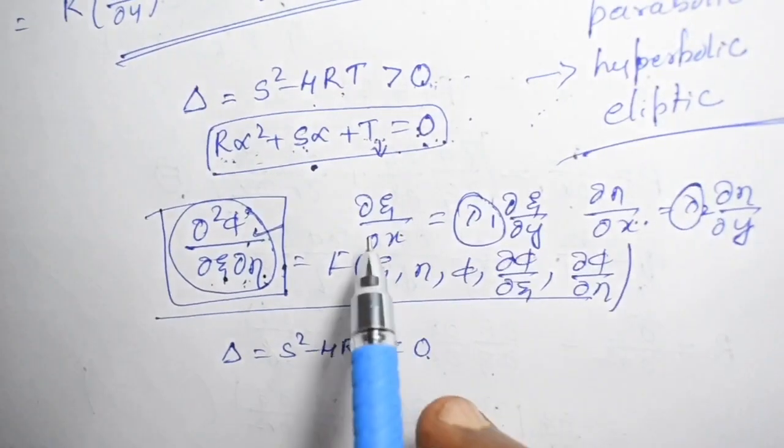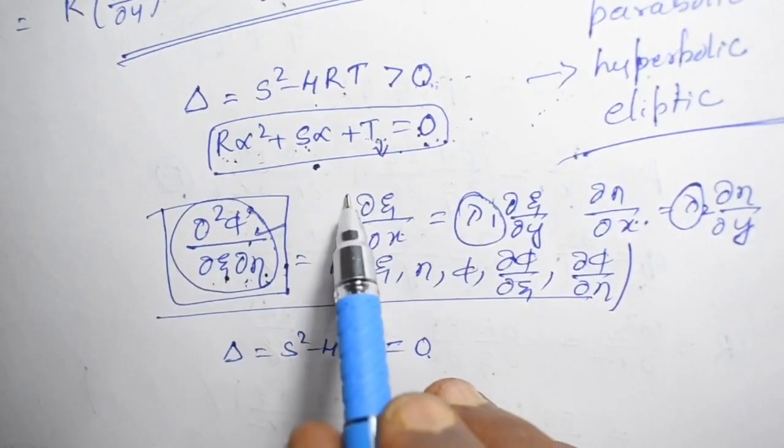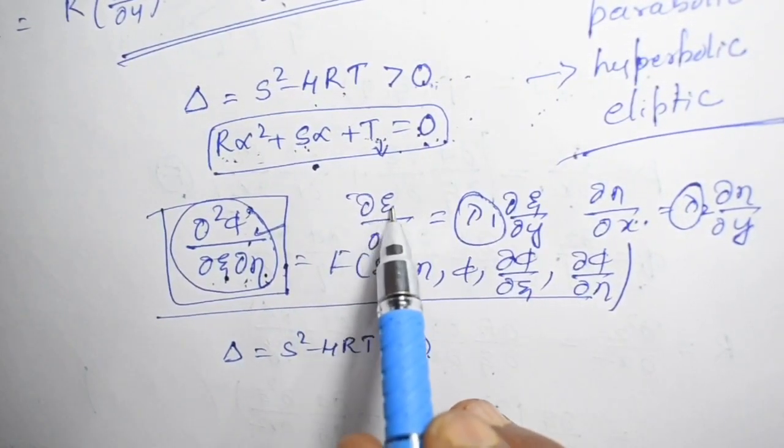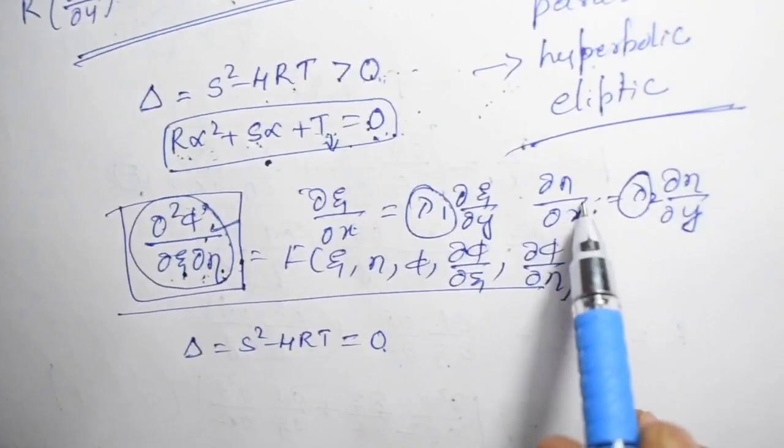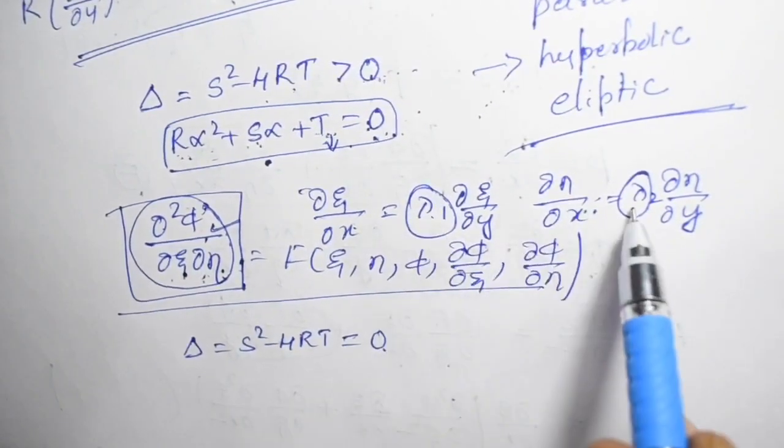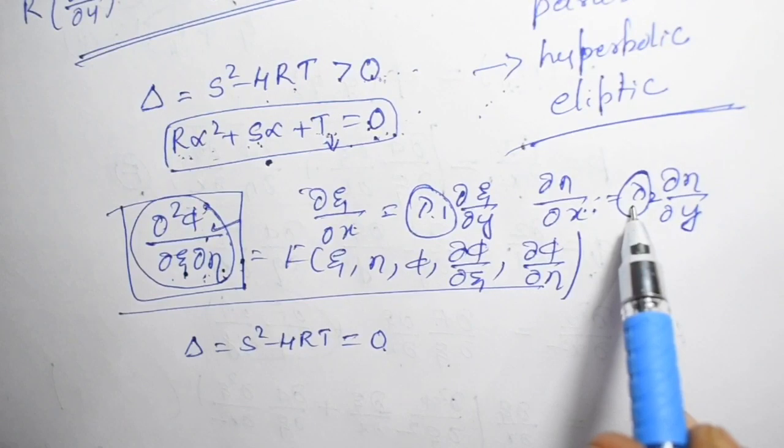So, as in the case of hyperbolic, we are going to find either xi or eta. We find only one, because lambda 1 and lambda 2 are not different; they are the same here.